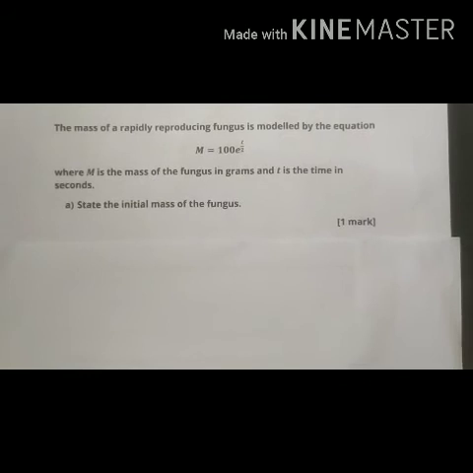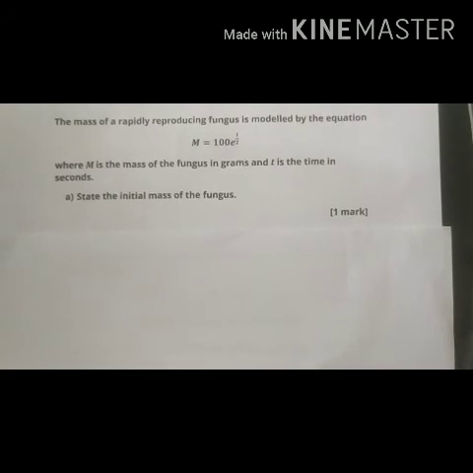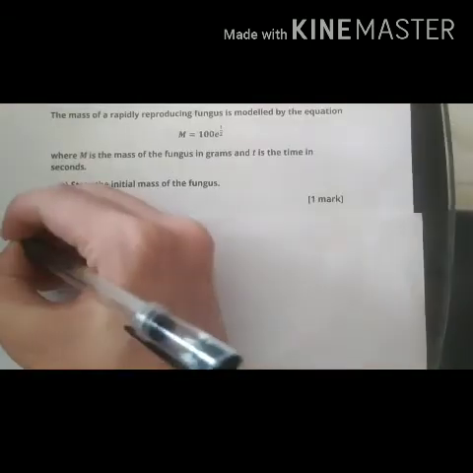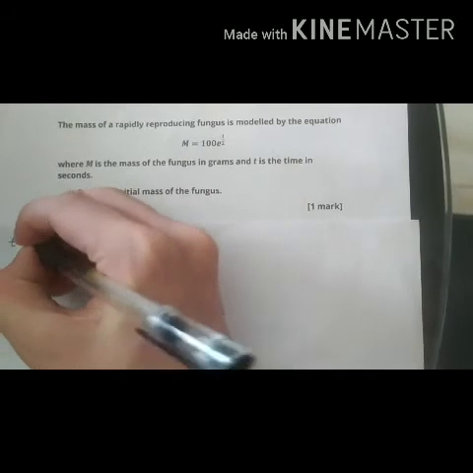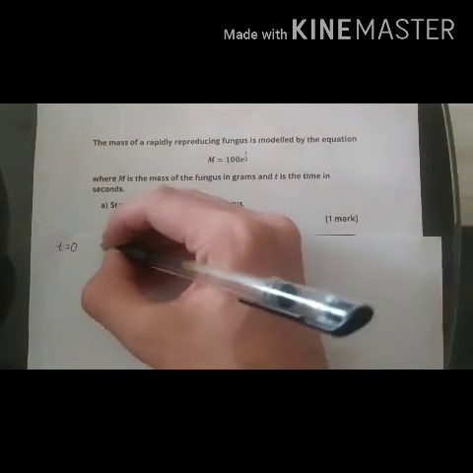So in part 1, we are asked to state the initial mass of the fungus. When we hear the word initial, it means it's in the very beginning of the growth. So time is equal to 0. And all we need to do is to substitute the time into the equation.